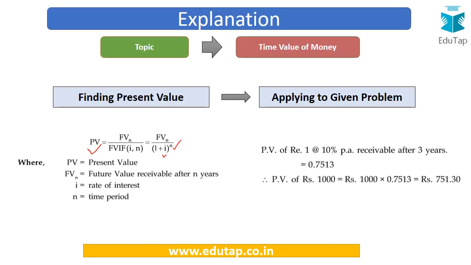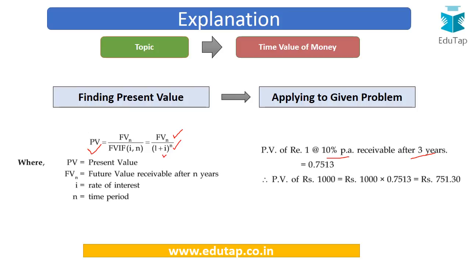Now if we apply this formula to the given problem, we are given that rupees 1000 is receivable after 3 years. So we need the present value of rupee 1 at 10% receivable after 3 years. We can either take a look at the table or just put in this formula. The present value is going to be, with the future value as rupees 1000, the rate of interest as 10% and the number of years as 3, 1000 divided by 1.1 to the power 3.